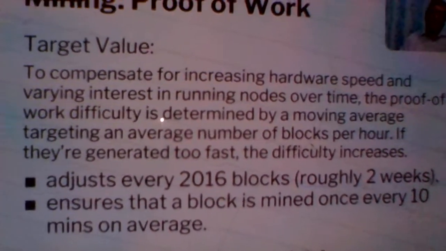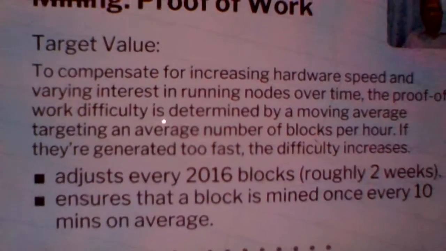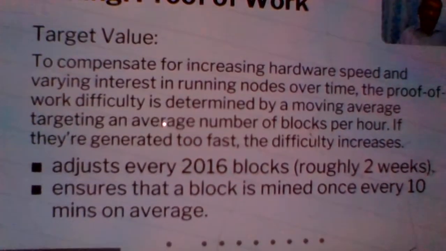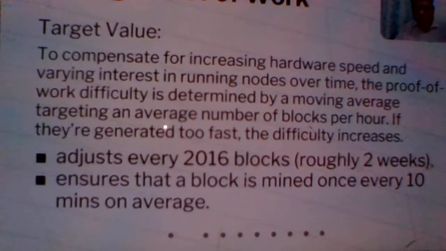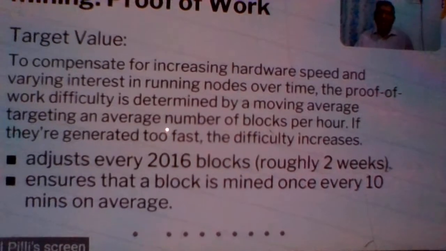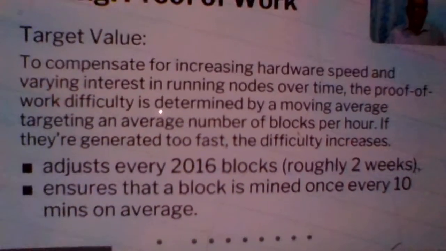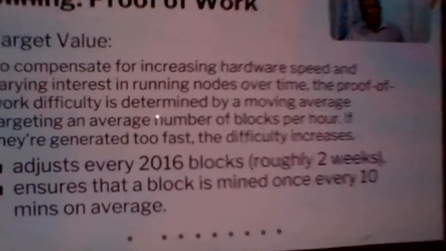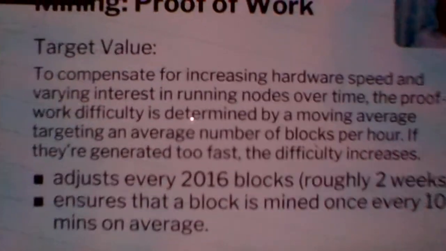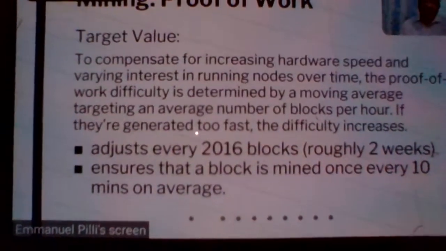It is usually 6 to 7 blocks per hour to be created. If more are getting created, then the difficulty value will change. Usually it looks at about 2016 blocks that must be created in 2 weeks. If more are created, then it adjusts itself. That is what is called a target value, right?